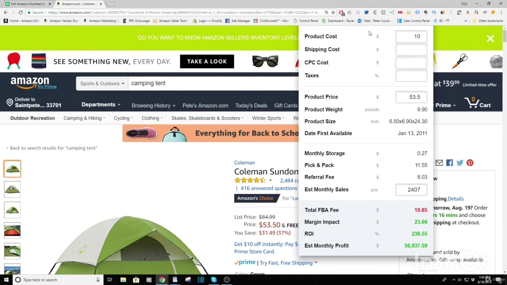Now this tool is great and all. It's a great FBA calculator. It can give you most of the information. But I want to show you an FBA calculator now that is even better. And don't worry, they're both 100% free. This FBA calculator that I'm about to show you though was just recently made, and it was designed by one of the best people in this entire business. His name is Ben Cummings.